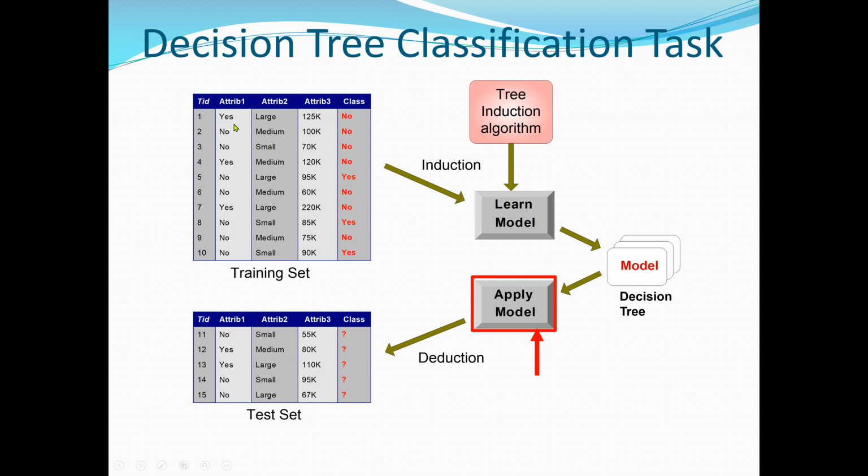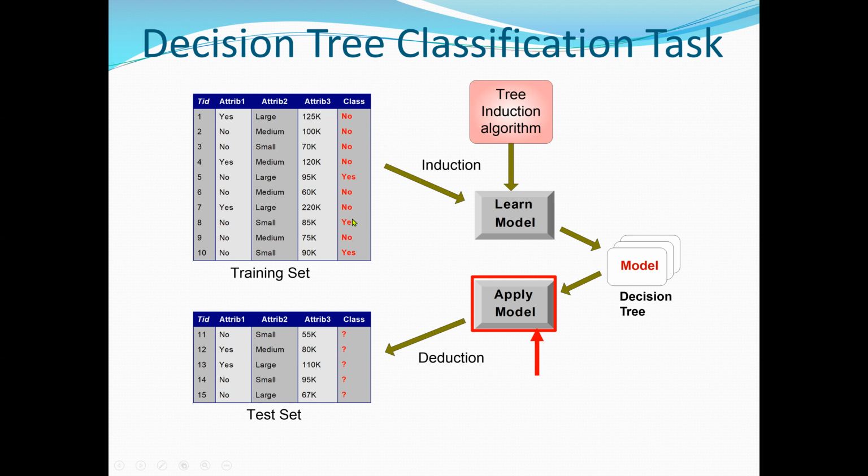Then we have attributes 1, 2, 3, and the last one is whether the taxpayer cheats on tax or not, so the answer is yes or no. Most decision tree algorithms give us a binary decision: true, false, yes, no, positive, or negative. The red column is our target variable, sometimes also called the class variable.